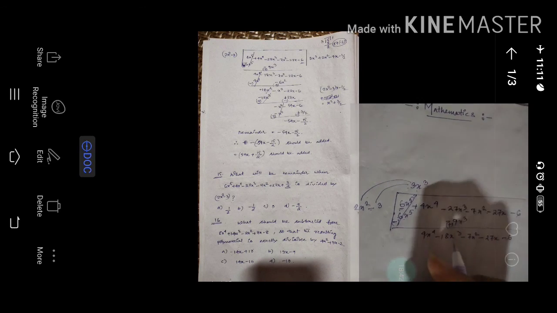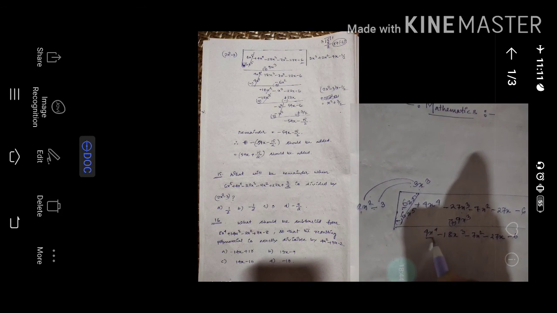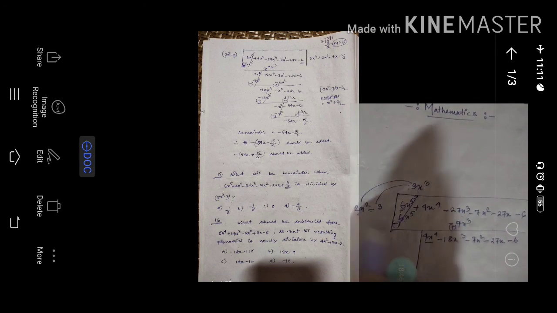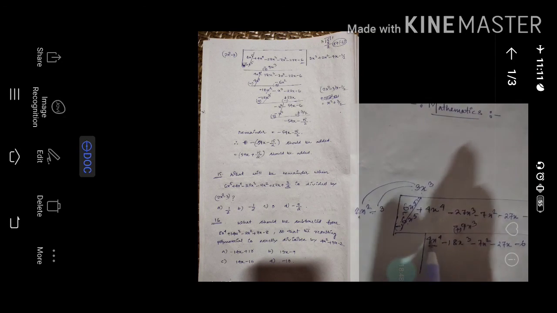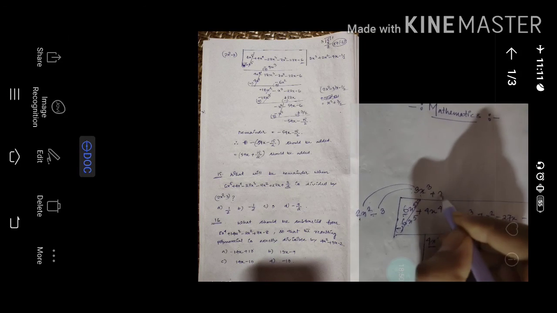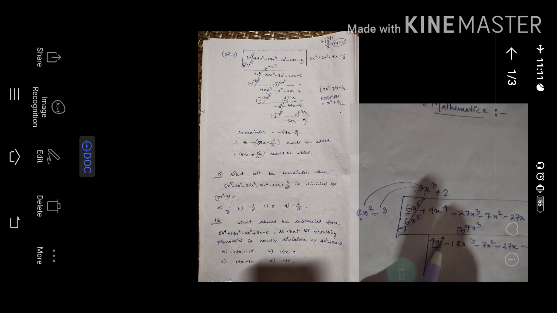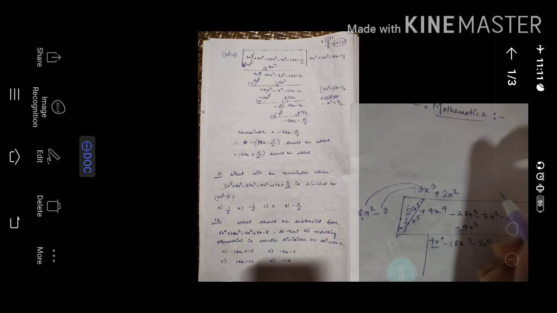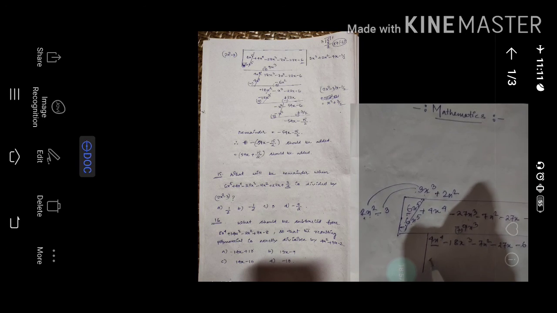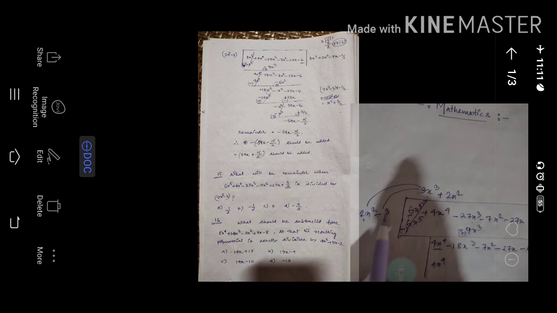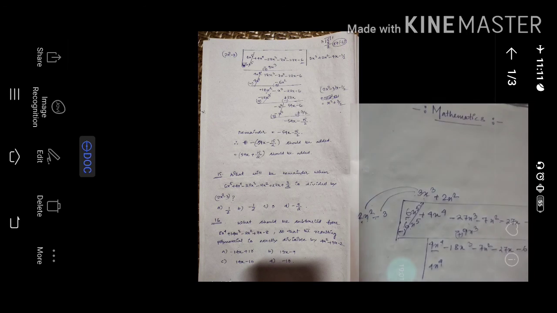Now our next aim is this one: 2x square, with what do you have to multiply? To get 4x power 4, with 2x square I have to multiply 2x square. Here x square is there, here I need x power 4, that means x square. So 2x square into 2x square gives 4x power 4. Now 3 into 2 is 6x square.